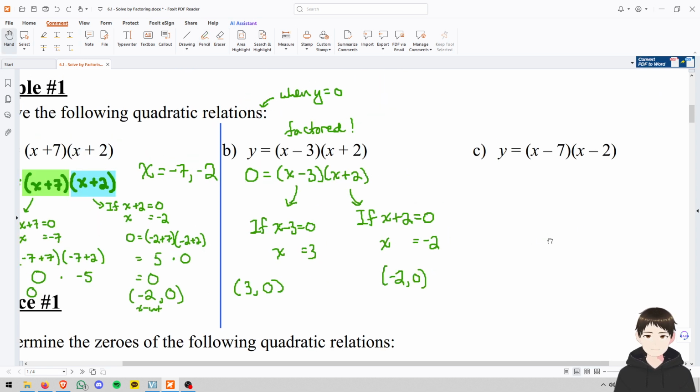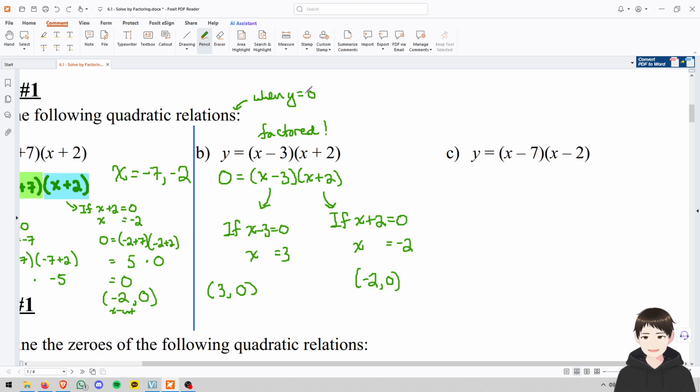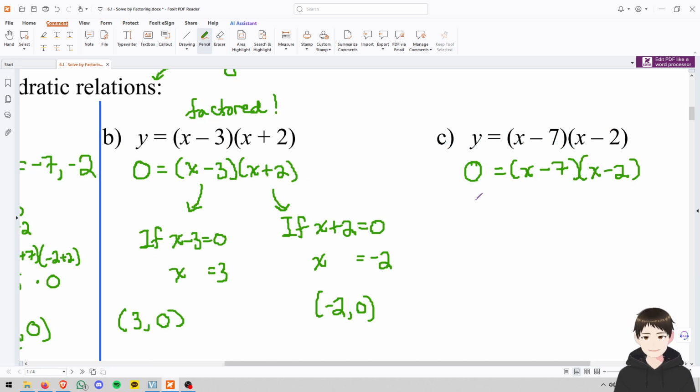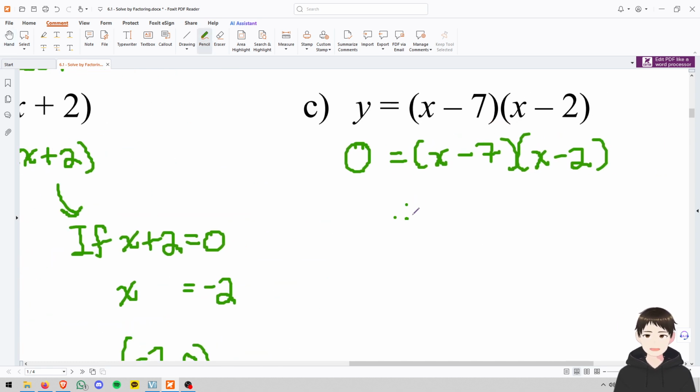So let's keep going. One last one. If, once again, y is equal to 0, please solve this quadratic relation. Okay? I'm not even going to write this because at a certain point, you're going to know exactly what's happening and you're going to be lazy and you'll say, oh, x minus 7, that could equal 0 to make this entire equation equal 0. And so, therefore, x must equal 7, or if that binomial became 0, then by multiplication this would all equal 0.